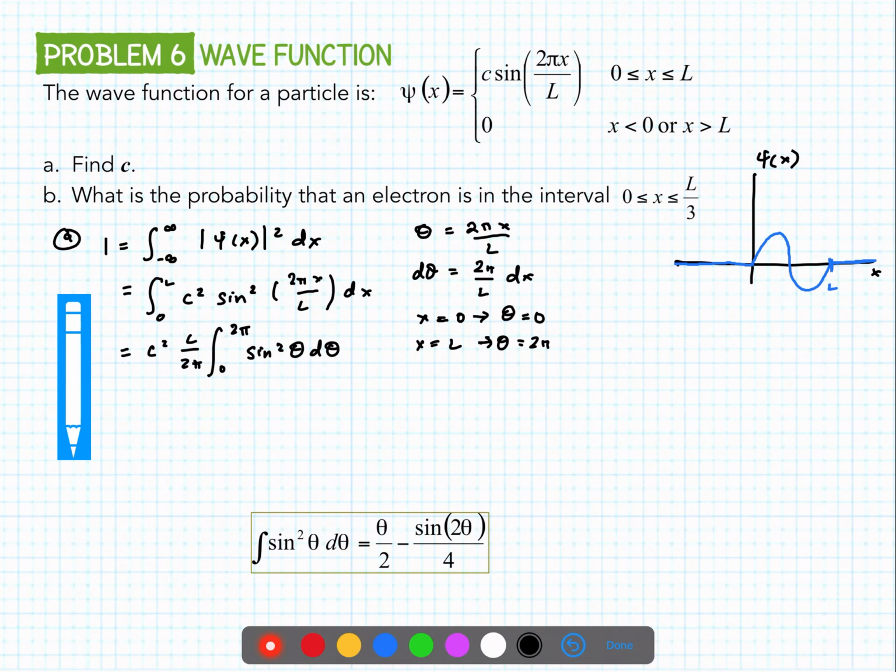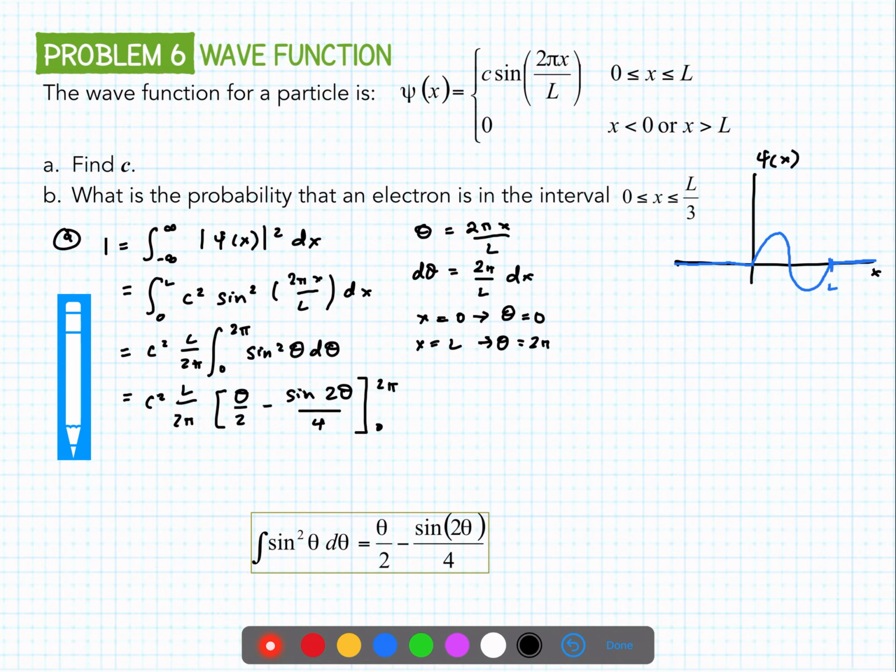All right. So this isn't a math class, so we're going to use this feature saying that when we get this function, we know what the answer is. So we're going to pull that out, and we're going to get c squared L over 2 pi, theta over 2 minus sine 2 theta over 4 from 0 to 2 pi.